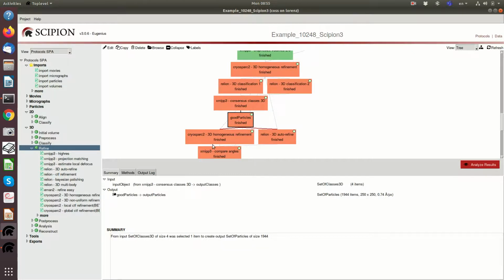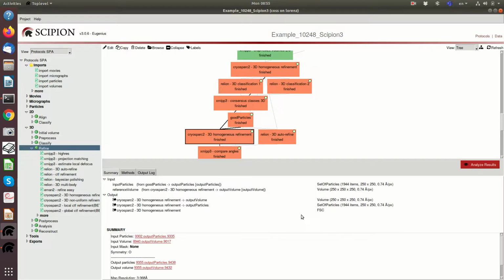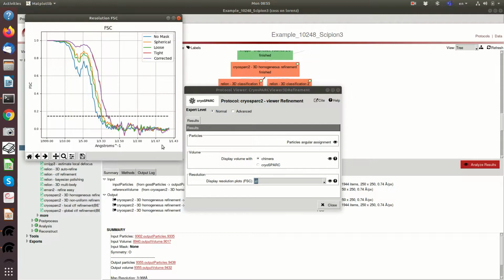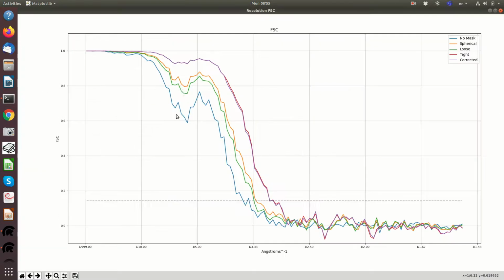Now with these good particles and this initial volume that was a correct one, we will do another refinement step. One will be with CryoSPARC, and again we can look at the CTF. The Fourier correlation goes more or less to the same point.